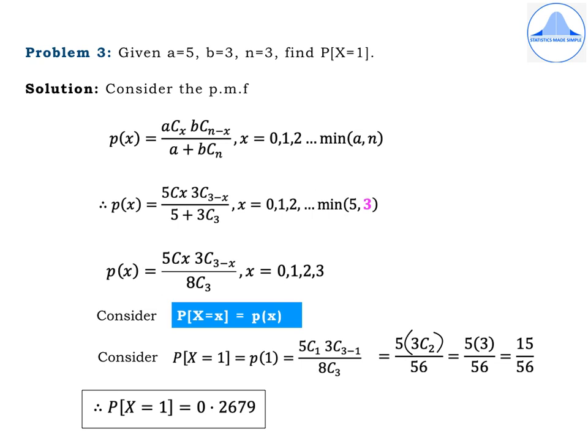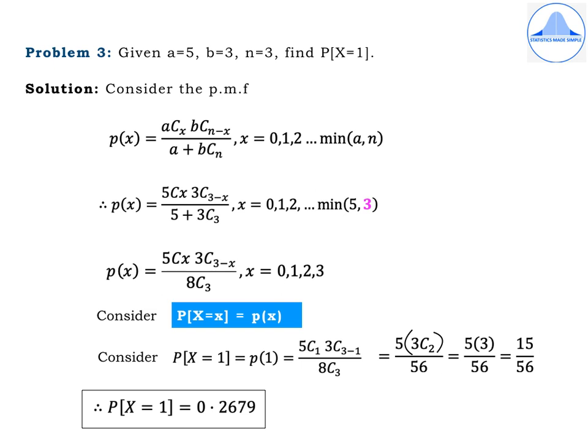Write down the general format of the PMF of the hypergeometric distribution, that is P of x equal to ACx BCn minus x divided by A plus BCn, and x takes the value 0, 1, 2, so on minimum of A comma n. Therefore, P of x will be equal to 5Cx 3C3 minus x divided by 5 plus 3C3, and x takes the value 0, 1, 2, so on minimum of 5 comma 3.